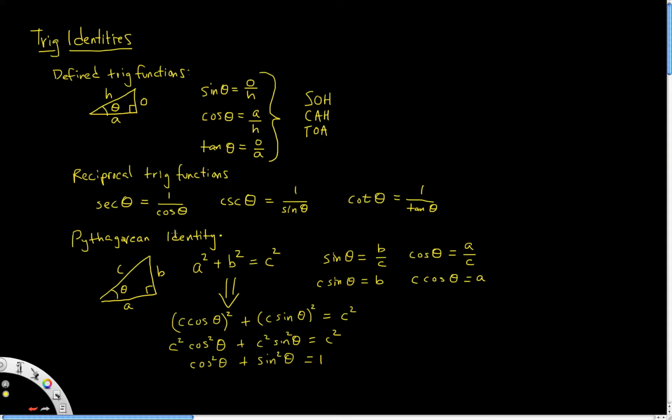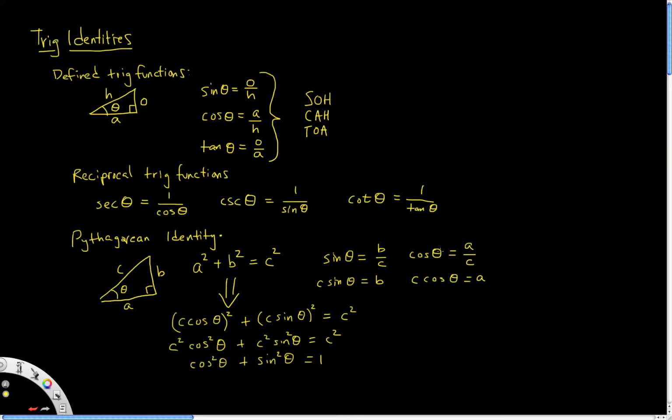Alright, now what I'm going to do for the Pythagorean identity is write down the trig functions that we just defined in terms of the side lengths of this triangle. So I'm going to say that sine theta is b over c, opposite over hypotenuse. I'm going to say that cosine theta is a over c, adjacent over hypotenuse.